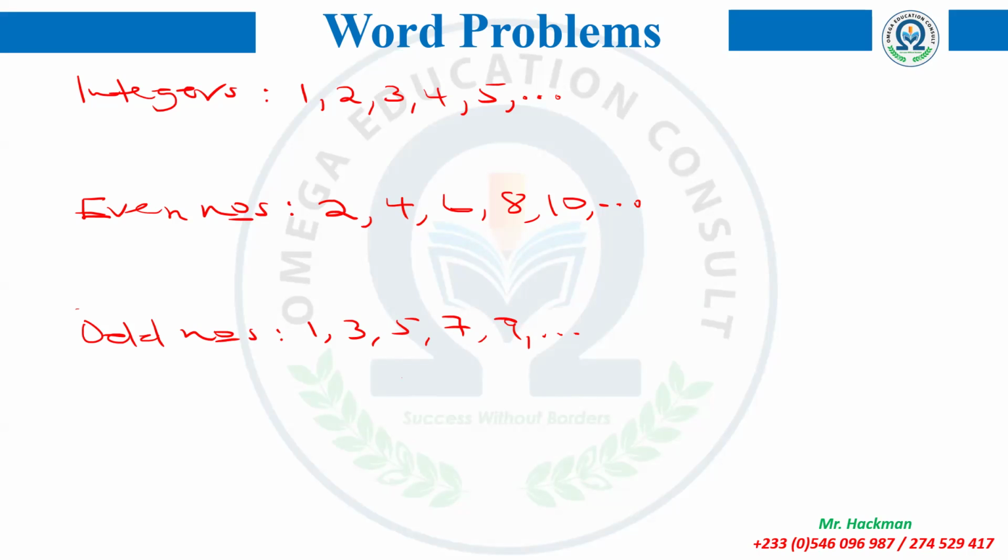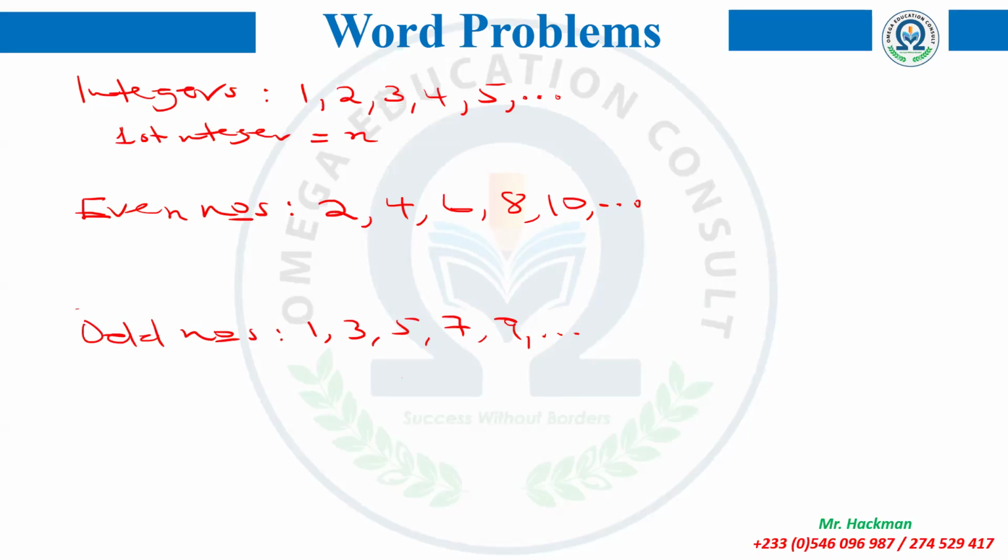So assuming I'm dealing with integers, and I say, represent my first integer by x. So first integer is equal to x. What will be the nature of my second integer if I'm dealing with consecutive integers?